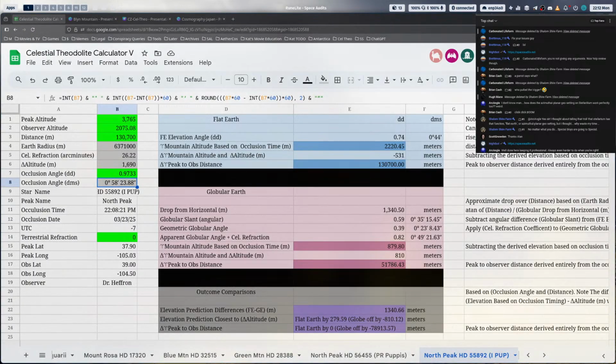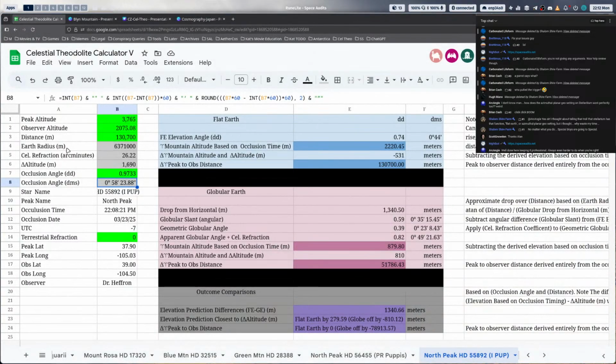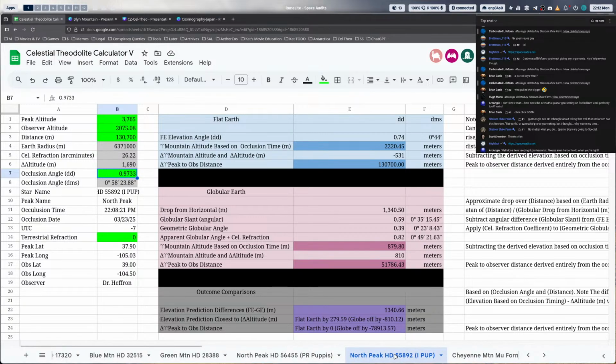And that's all you have to do. And then just send us that information. Everything else we can look up online to get your elevation at sea level, peak, and all that, distance to peak, etc. Plug everything else in, and the calculator will take care of the time of occlusion or the angle of occlusion, and then everything else will be computed out, and you could participate in this.